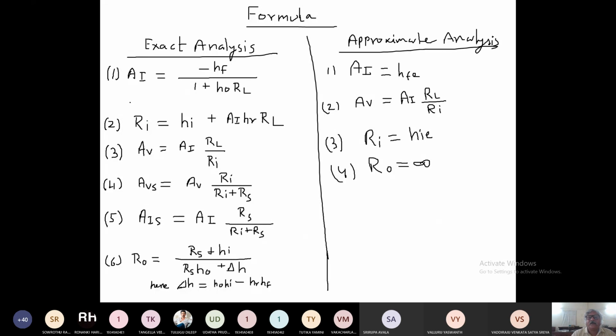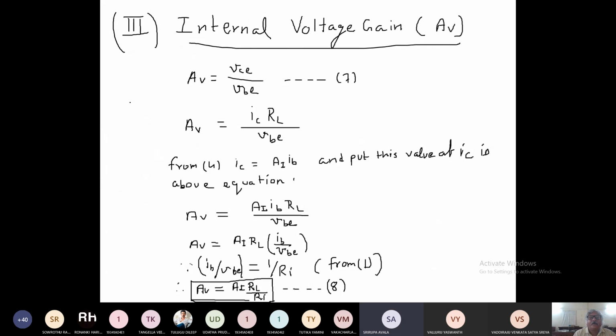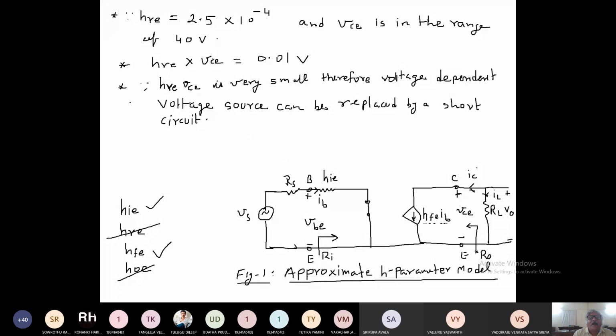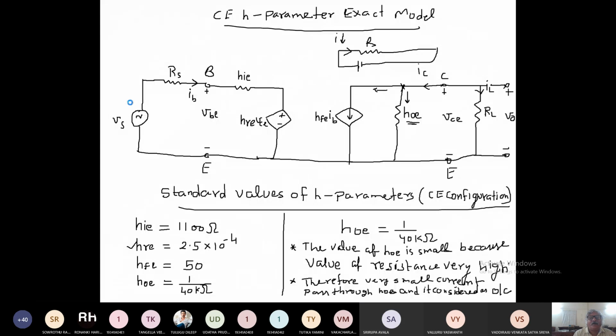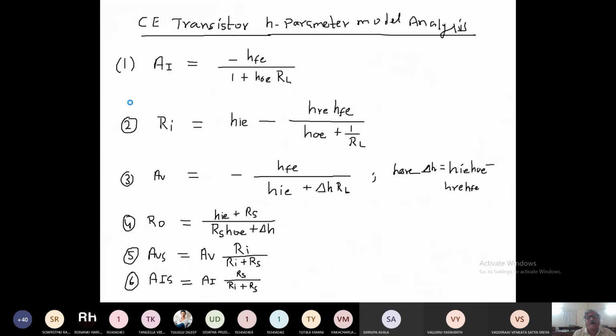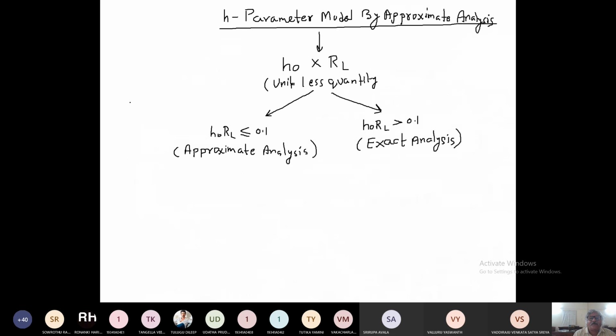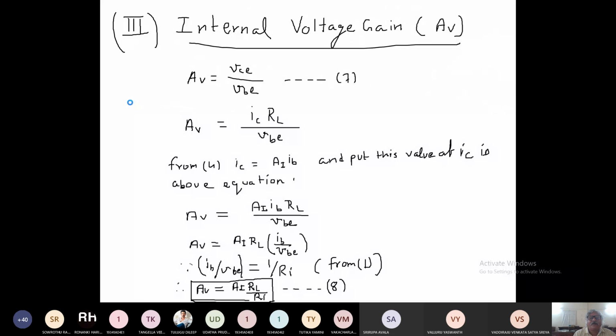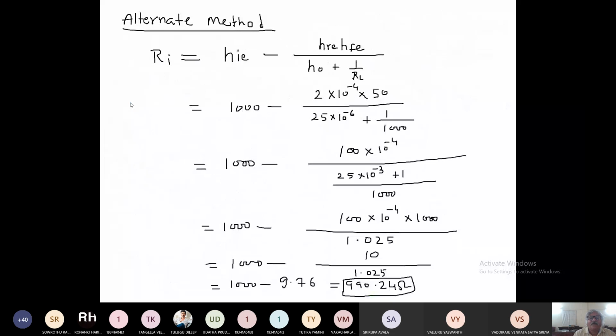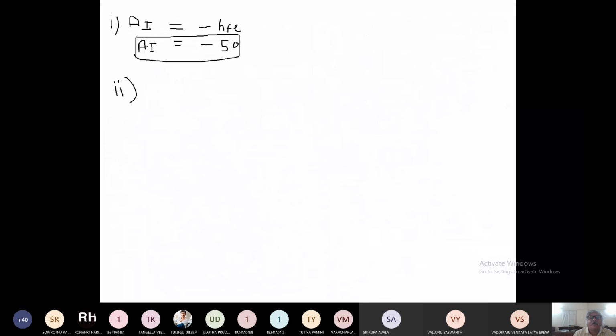This is plus. Actually, if you are putting a minus sign, it is only an indication of the phase shift. Okay, no problem, you can remove that also. We will put only HFE. Okay, sir. Correct.